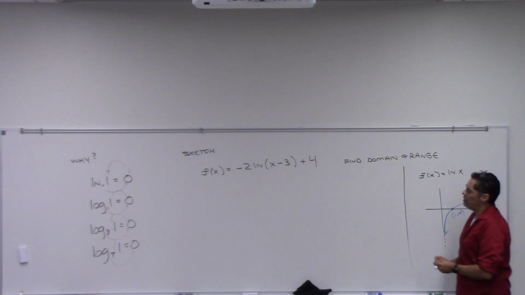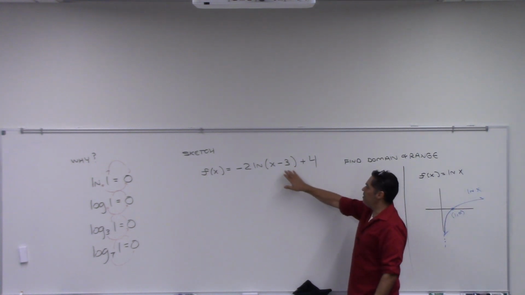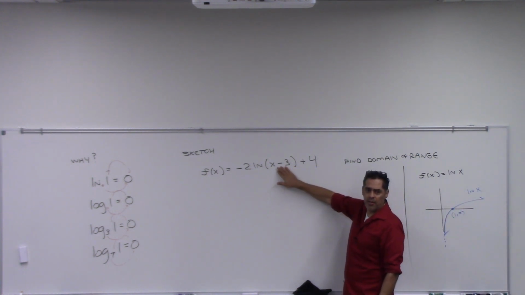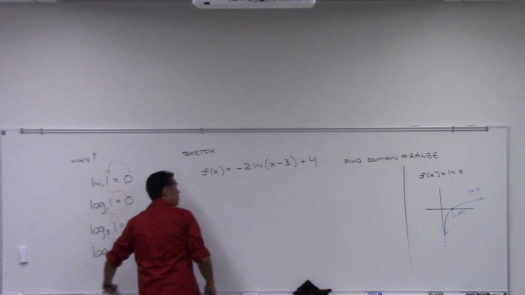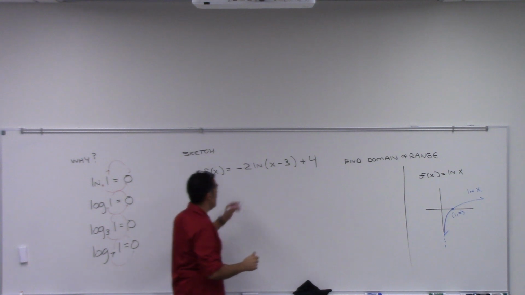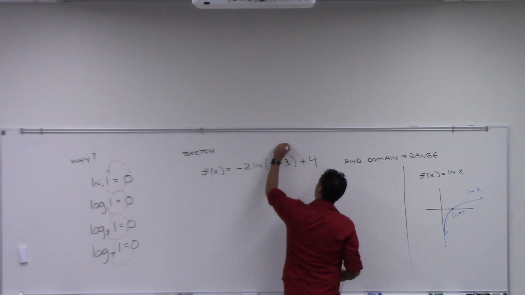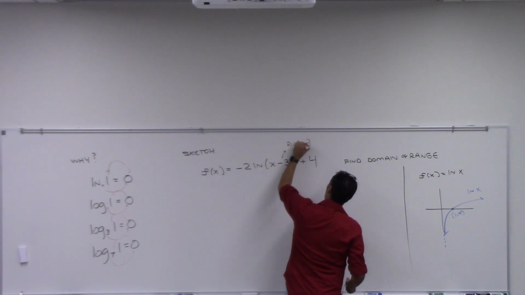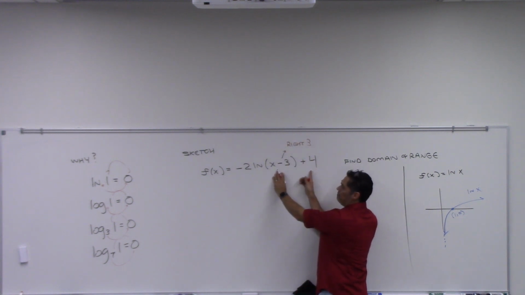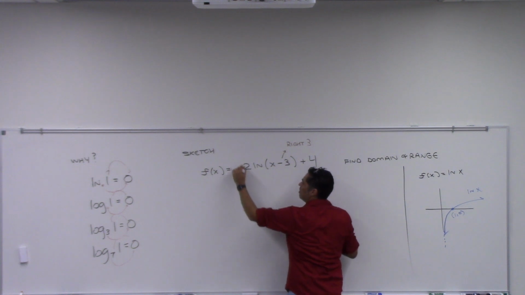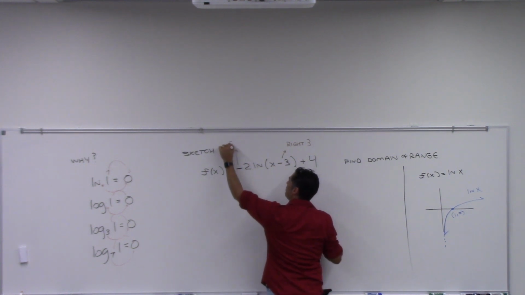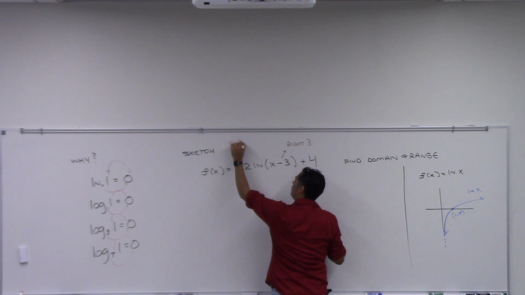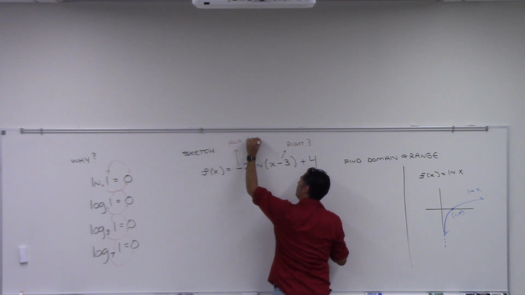So I'm going to start like an order of operations, on the inside. What does subtracting 3 do? Moves the graph which way? Right 3. Now I'm going to come out here. Let's look at the negative first. What does the negative do? Flips it over which axis? Flips it over the x-axis.